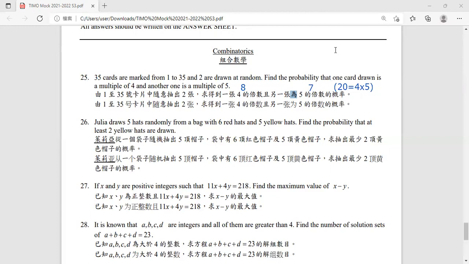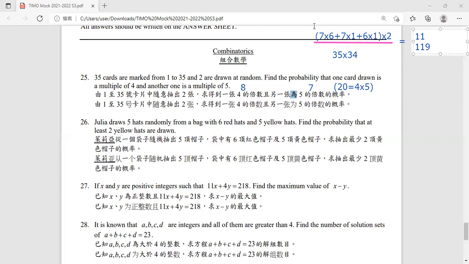So the total number of cases will be 7 times 6, plus 7 times 1, plus 6 times 1, and then multiply by 2, and this is the number of cases I can get, divided by 35C2. Okay, which reduces to 11 over 9, is it?